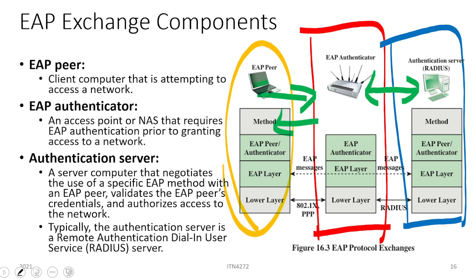So the authenticator is essentially an intermediary connecting the authentication server and the peer. The requests are passed through the authenticator, but the actual authentication happens at the authentication server. That is why we could potentially connect to a number of different authentication servers from the same authenticator.